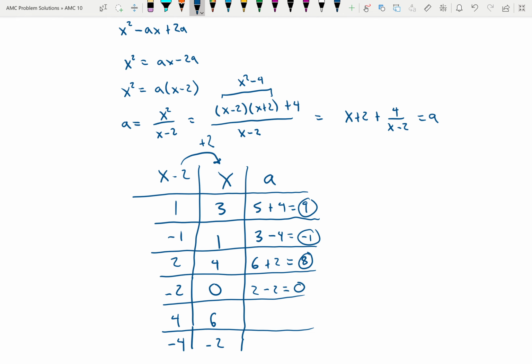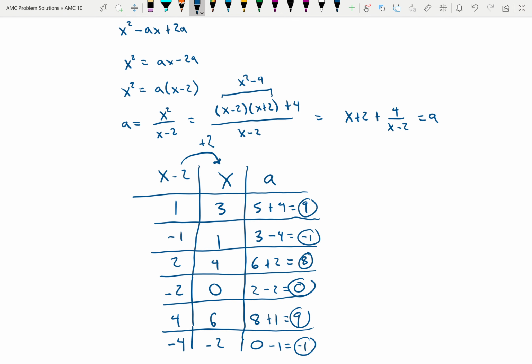So we get 0 there. Next, we're going to go 6, so we get 8 plus 1, which is 9. And then plug in -2, we get 0 minus 1, which is -1.